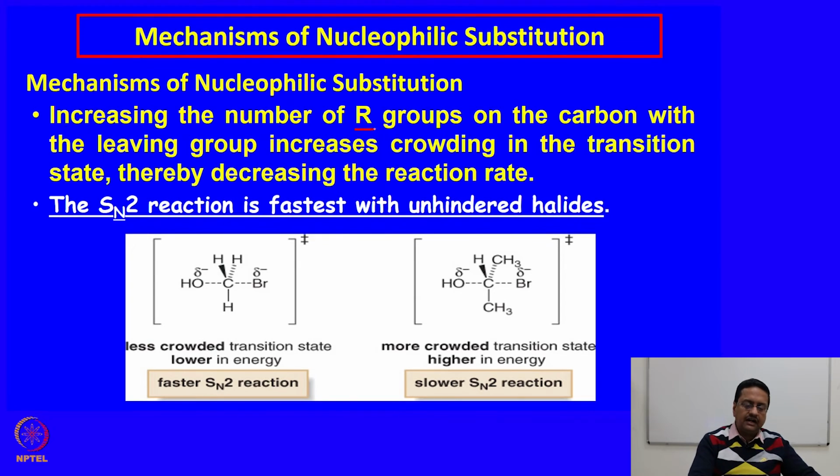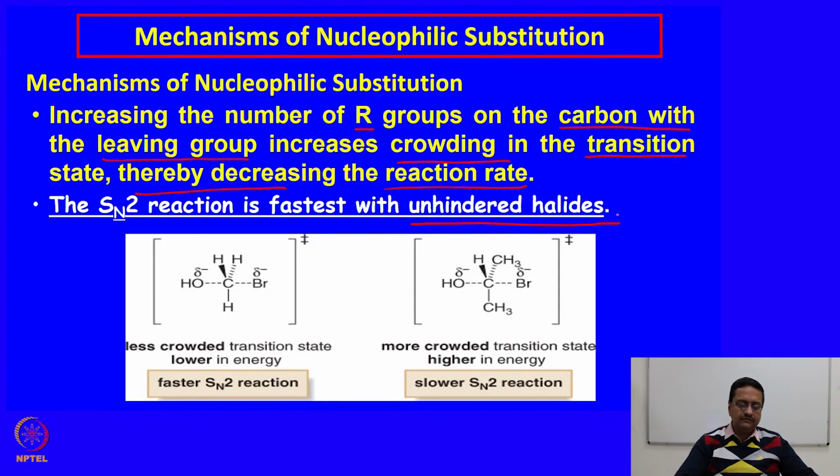Increasing the number of R groups on the carbon atom with the leaving group increases the crowding in the transition state and therefore decreases the reaction rate. So, the SN2 reaction is fastest with unhindered halides.